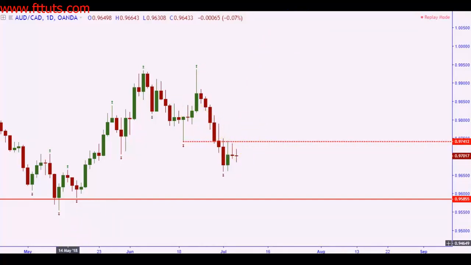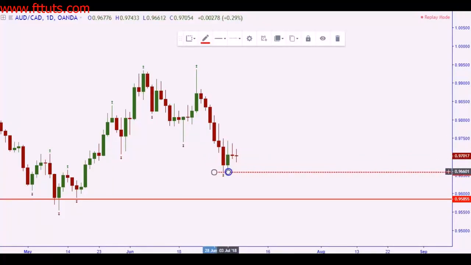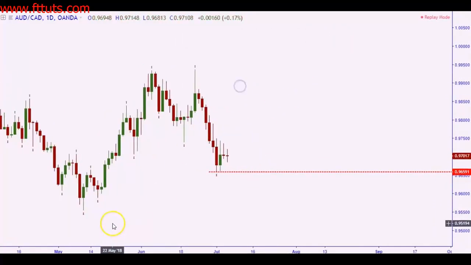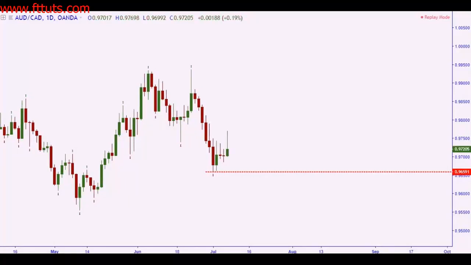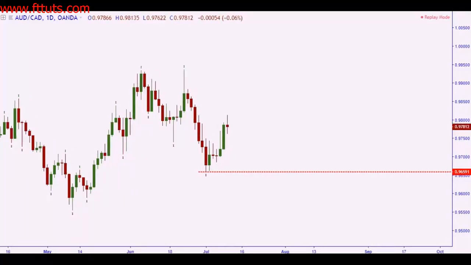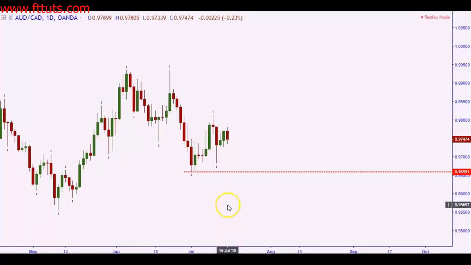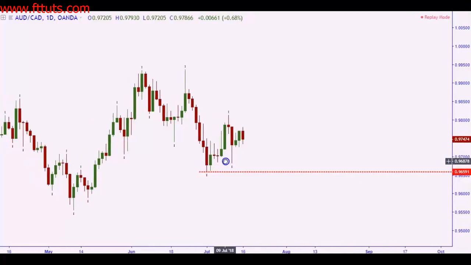So now we're going to continue moving, but we're going to put our entry now at this point. Let's move this off of our chart. So we have that level, and we're going to go now. So the market made a new fractal here.